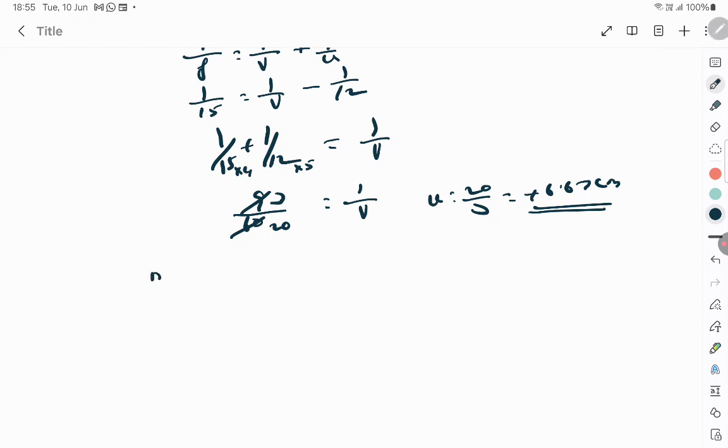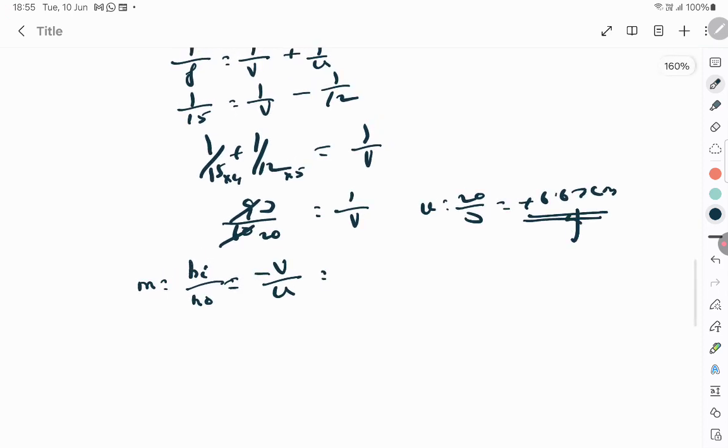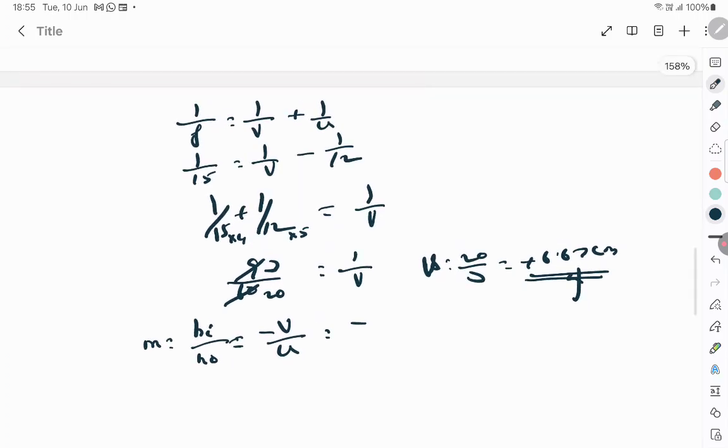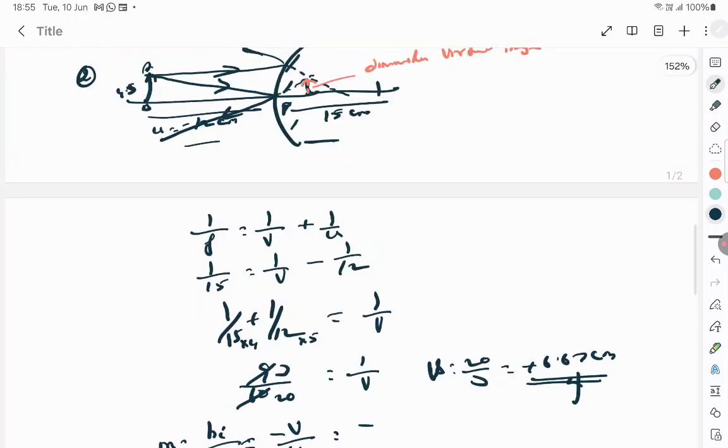So then next is magnification, which is nothing but hi by ho. For a mirror it's minus v by u, and you know that v is this distance, 6.67. What is your u? Object distance is minus 12.